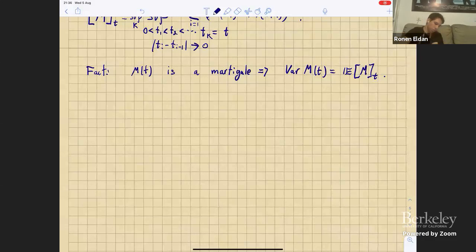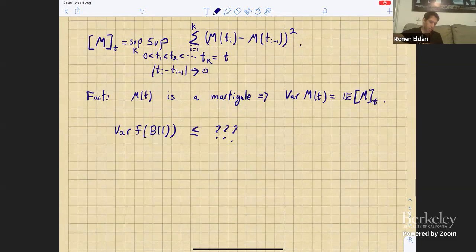Okay, so just to recall, what we're interested in is upper bounding the variance of f at B of 1. All of the above theorems give an upper bound for the variance, but now given this fact, we can actually write a nice expression for what this variance is going to be.